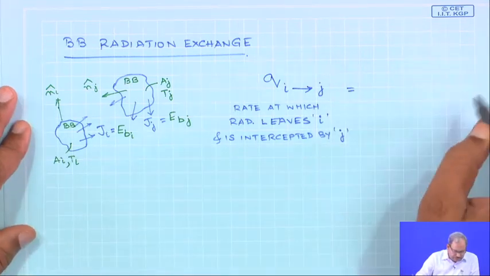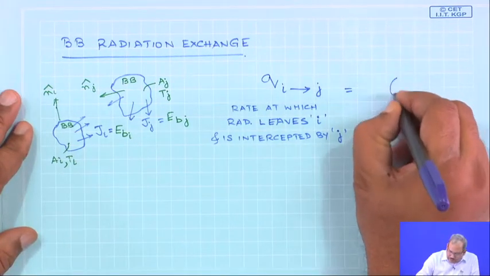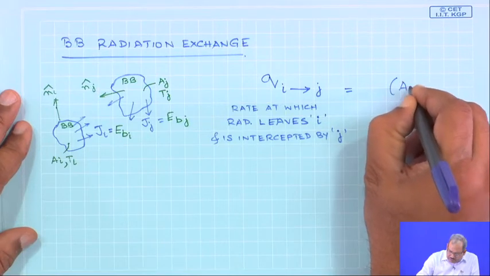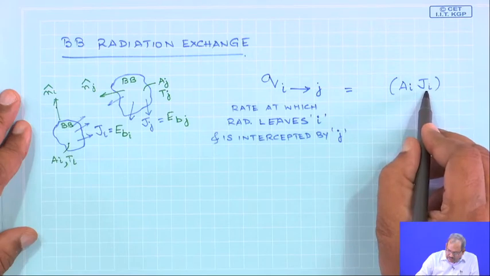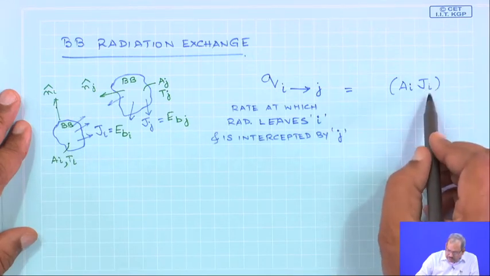First of all, the amount of energy which comes out is Ai times Ji, because Ji has units of energy per unit area.